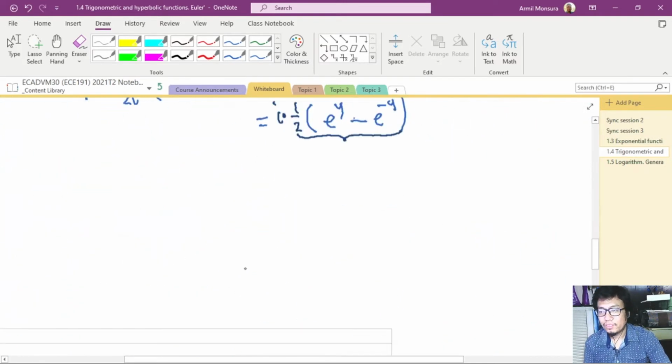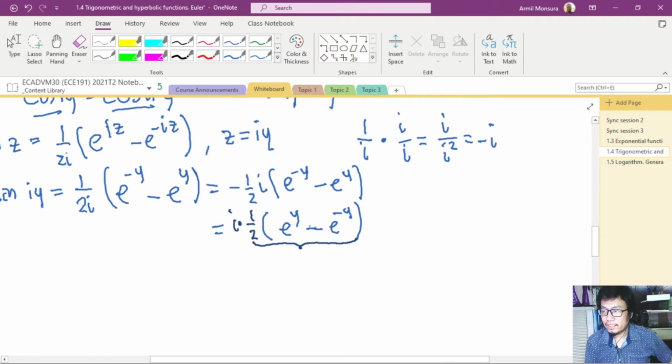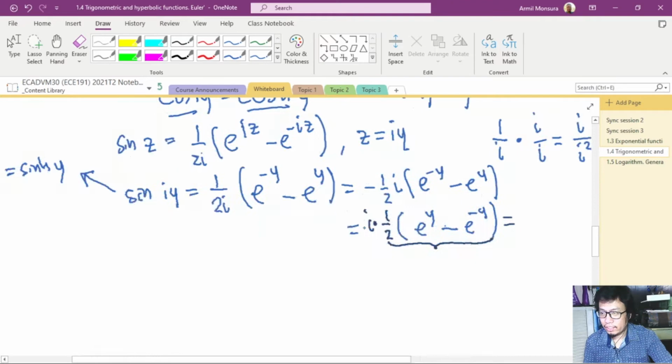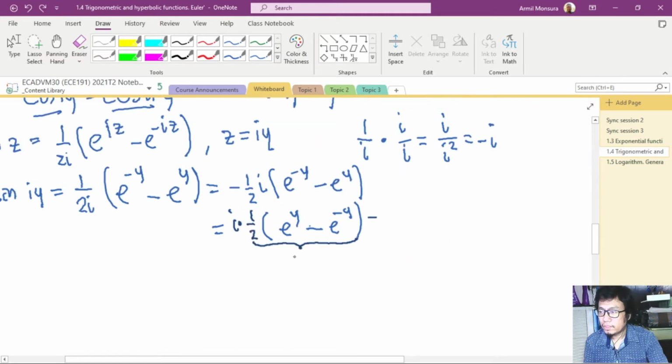So therefore, as we have seen here, since this is a hyperbolic sine of y, we can simply rewrite this, or I'll write it here so that I can separate it from the rest of the writings.